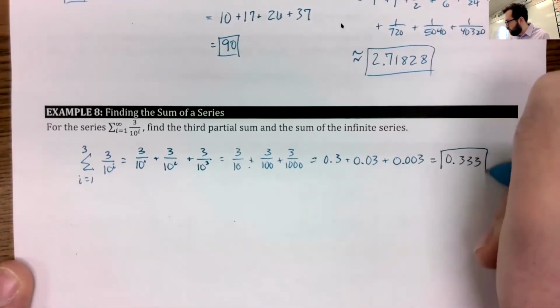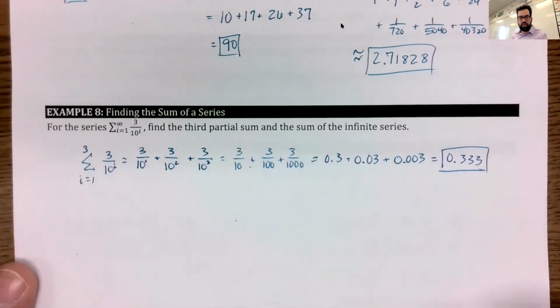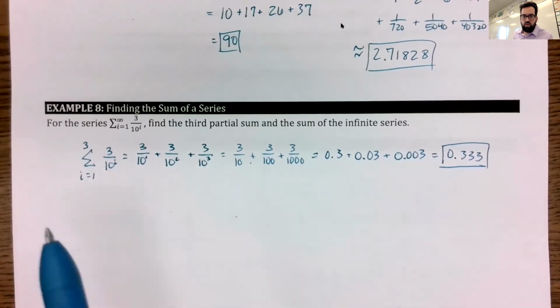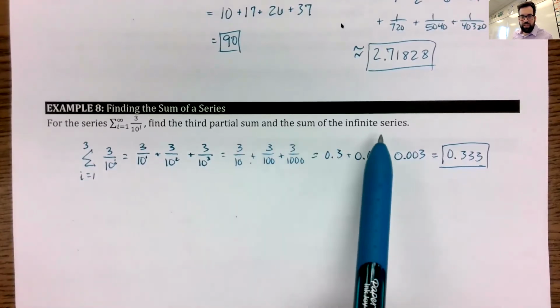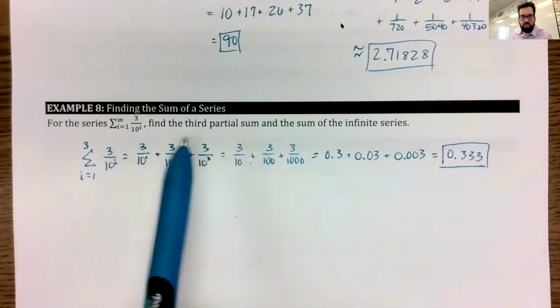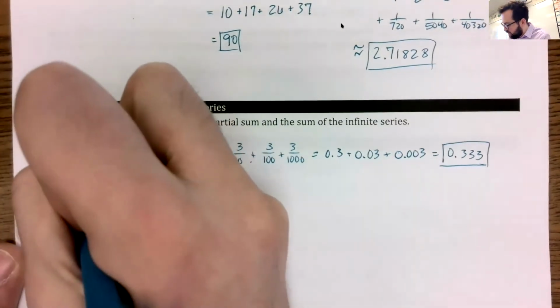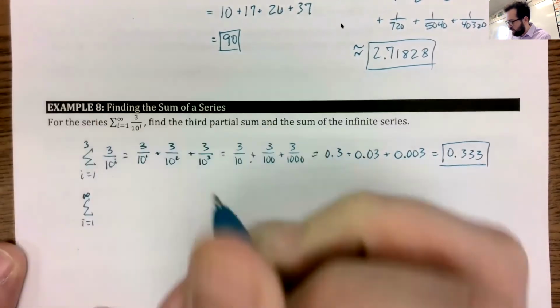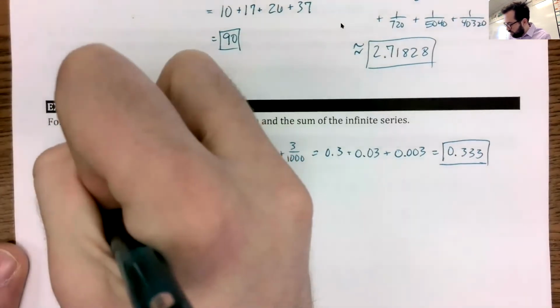So that's the third partial sum, is what we call that. And then what this question wants us to do is to predict the sum of the infinite series based off of this partial sum. So let's just say that we kept the upper bound as infinity. So we go from i equals 1 to infinity, 3 over 10 to the i.